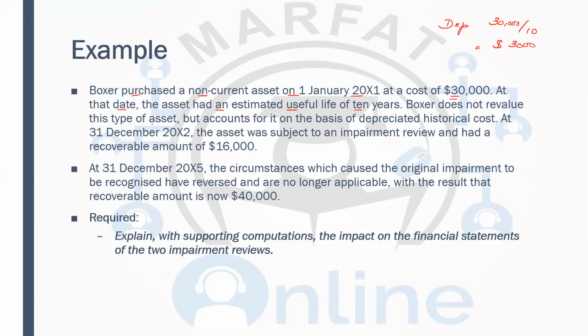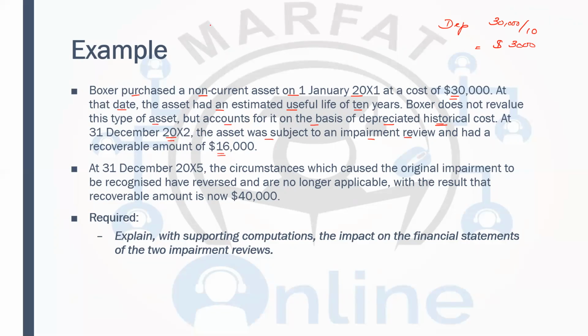Boxer does not revalue this type of asset, but accounts for it on the basis of depreciated historical cost. That means this asset is on the cost model rather than the revaluation model. At 31st December 20x2, two years after, the asset was subject to an impairment review and had a recoverable amount of 16,000.